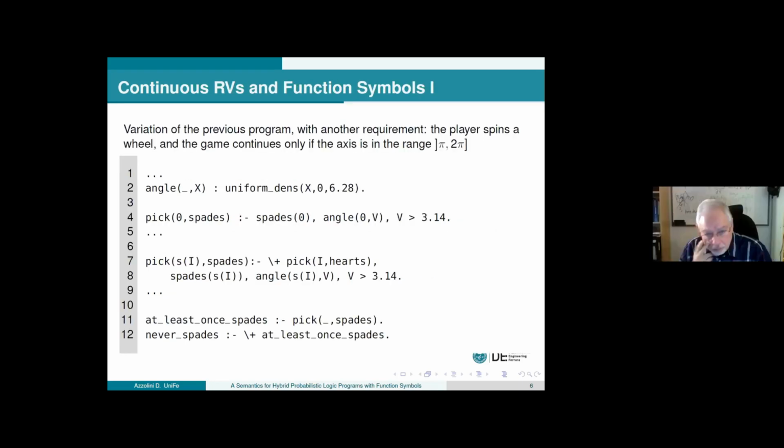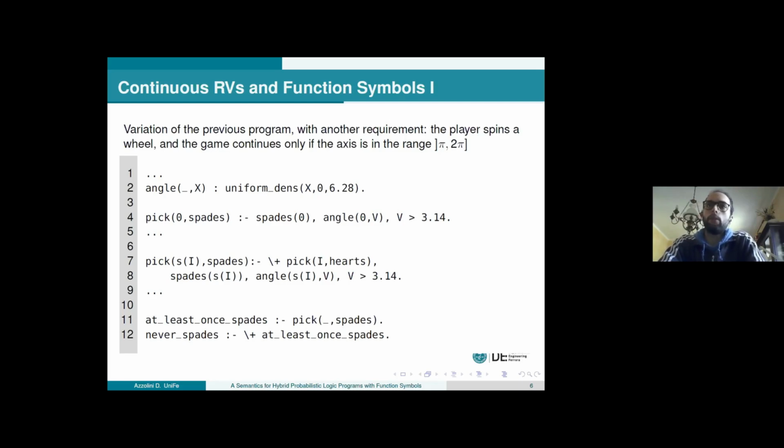So again, let's extend the previous program and add another requirement. The player also spins a wheel, and the game continues only if the angle is in the range 0 to pi. So we add a continuous probabilistic fact. In this case, at line 2, the variable X follows a uniform density between 0 and 6.28, approximately 2 pi.